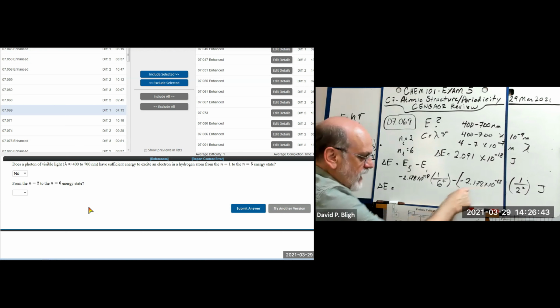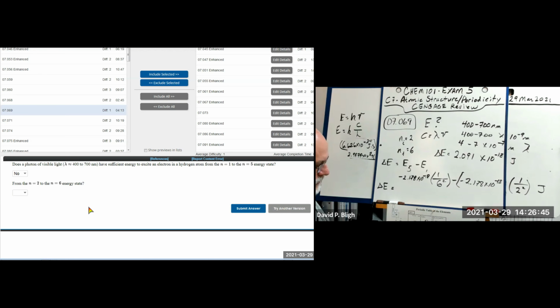Okay, but this is now positive. And then I need to add those two together. 4.84 times 10 to the minus 19 joules. And that's a positive number because we're adding energy into the system, and the atom is the system.